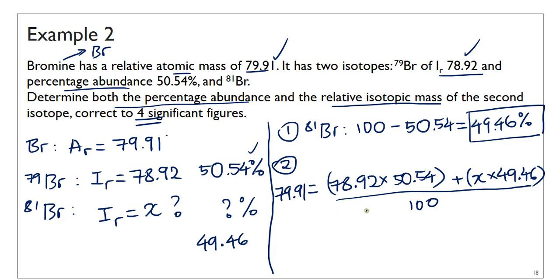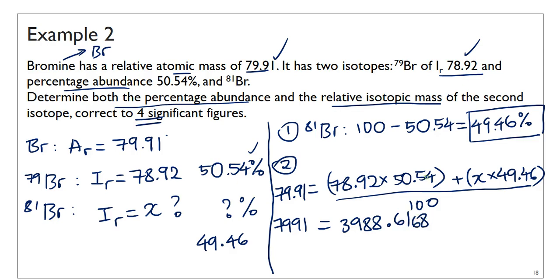I'm sure you can do it without my help, but just move the 100 over. 79.91 times 100 is 7,991. Don't round, by the way. Keep all of the decimal places. Oh wow. Okay, so 3,988.6168.